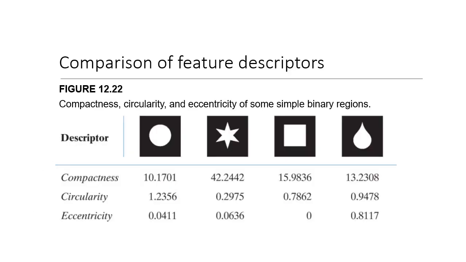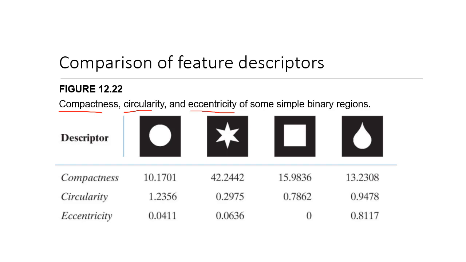Okay, we could use the features compactness, circularity, and eccentricity together to describe a collection of objects. So let's suppose we have 4 objects here. We have a circle, we have a star, we have a square, and we have a teardrop-like shape.